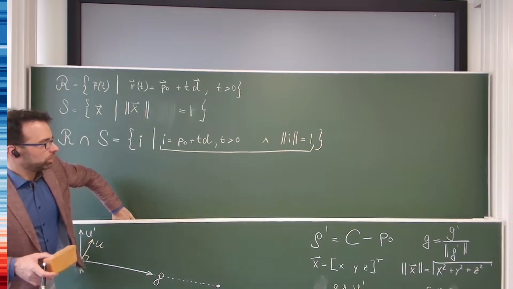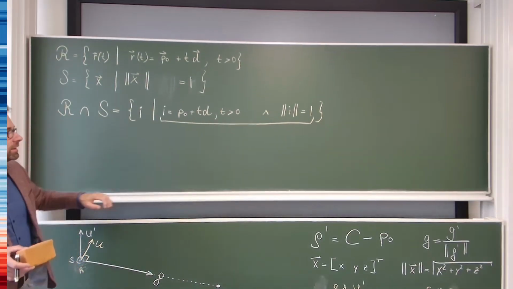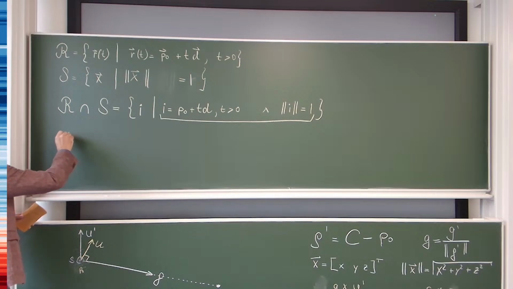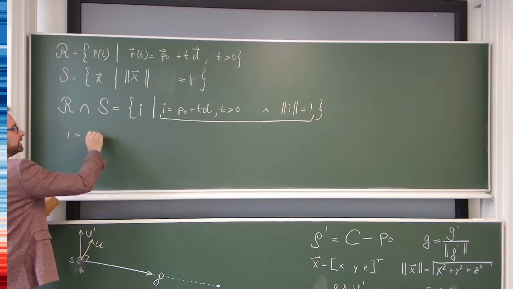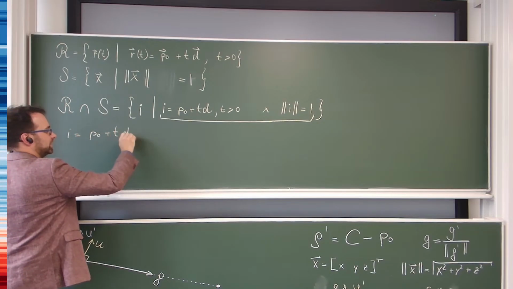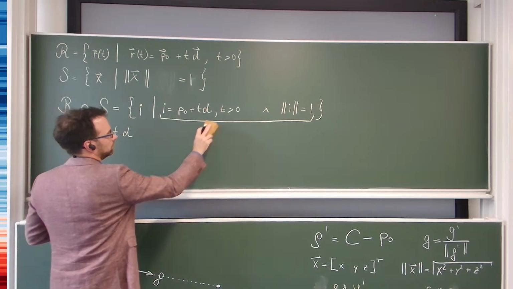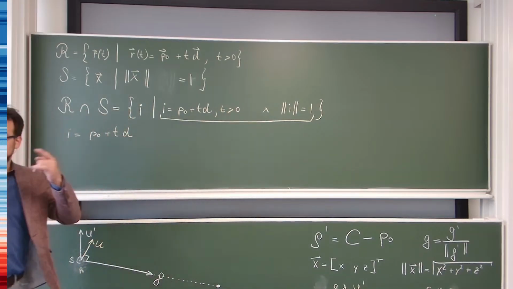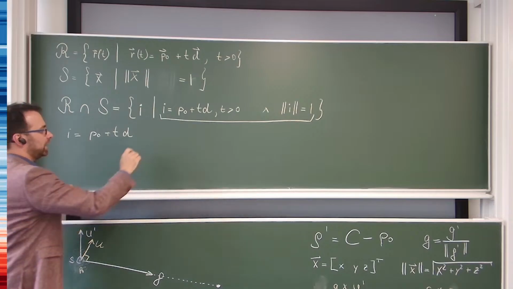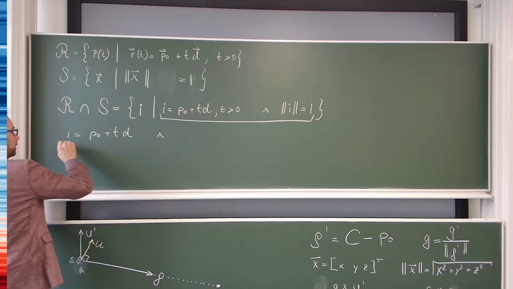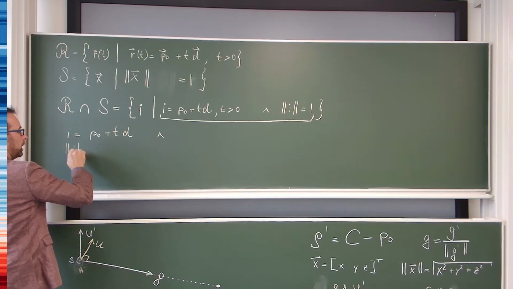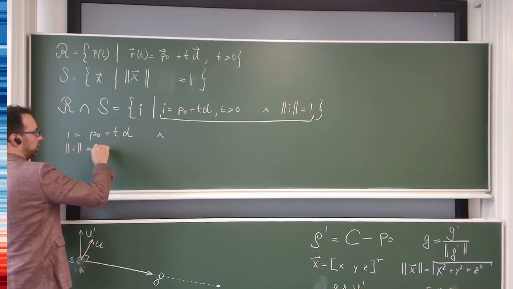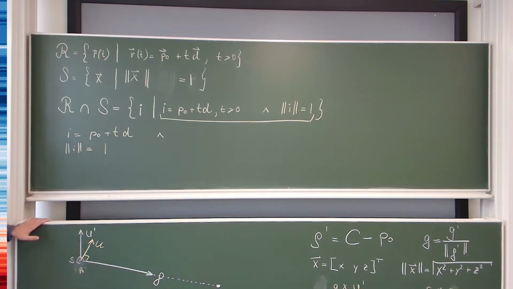That depends on how you want to look at it. So this one takes us to I is equal to P0 plus TD. Well, let's leave this out for a moment, but factor it in later. And the absolute value of I is 1. Okay? System of equations. 2 equations.